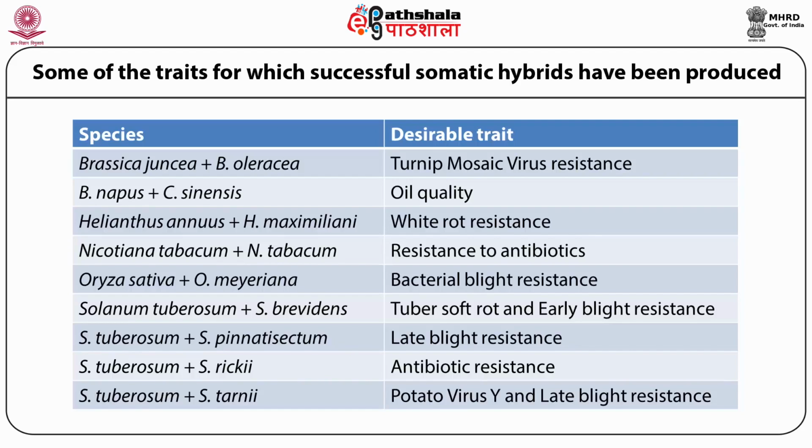Oryza sativa, bacterial blight resistance. Solanum tuberosum, tuber soft rot and early blight resistance. Solanum tuberosum, again with the cross with Solanum pinnatisectum, giving rise to late blight resistance. Solanum tuberosum with Solanum ricci, antibiotic resistance, and Solanum tuberosum with Solanum tarnii, potato virus Y and late blight resistance.